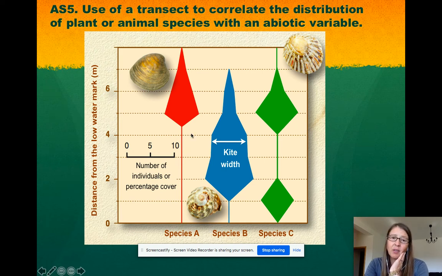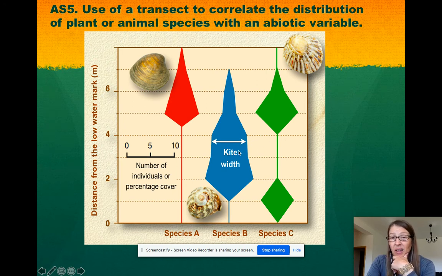Now, looking at species A, maybe their zone of tolerance is 4.5 all the way up to 7 or 8, right? And it looks like their optimal would be around 5. But what I like about this graph is you can really visualize when species exist in certain places, because species C, you see, exists here and here. And I wonder if you can guess what's going on, why it disappears here.